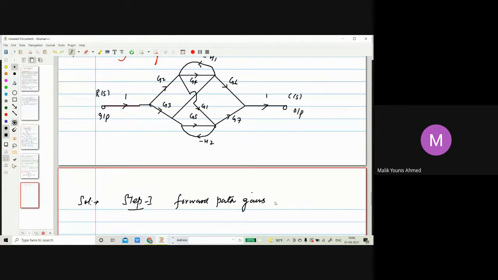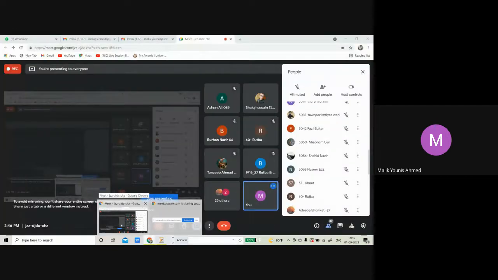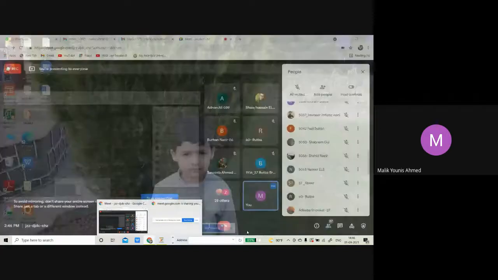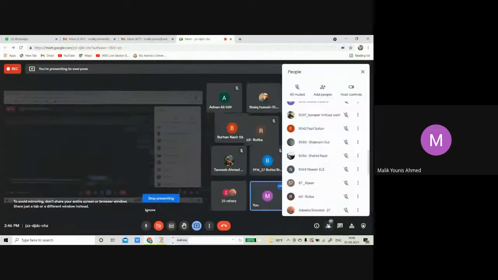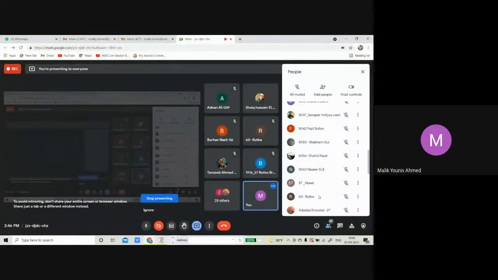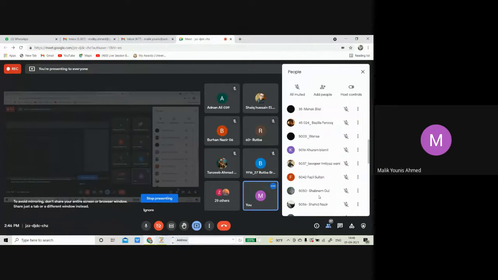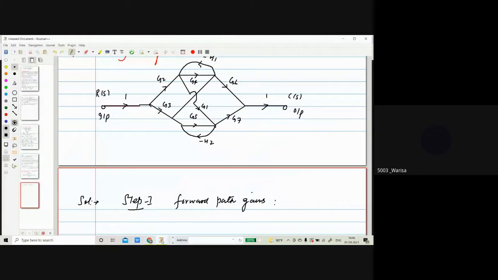Roll number 3. Yes, sir. हाँ जी, but better tell me how many forward path gains are there. इसमें थोड़ा दिमाग चाहिए, देखना है. थोड़ा कन्वेंशनल क्वेश्चन के.